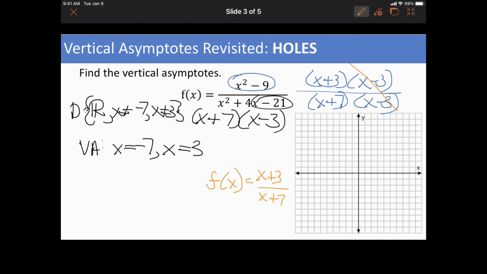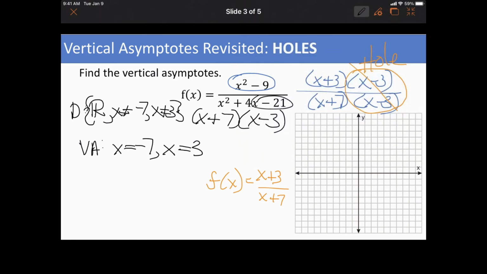Well, that means that this is your hole. You're like, what does a hole mean, Miss Mendoza? I'll tell you in a moment graphically. So it's not a vertical asymptote, it's a hole. So what do you have to say?